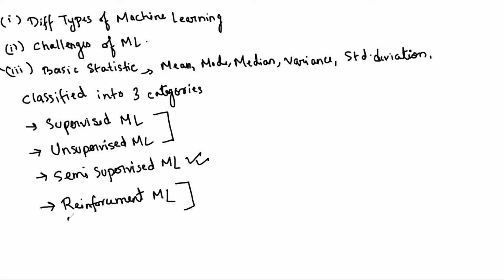I will give you a brief idea about reinforcement machine learning. So instead of 3, sorry, it is 4 categories. We know the classifications: supervised, unsupervised, semi-supervised and reinforcement machine learning. What they actually are is important to understand.